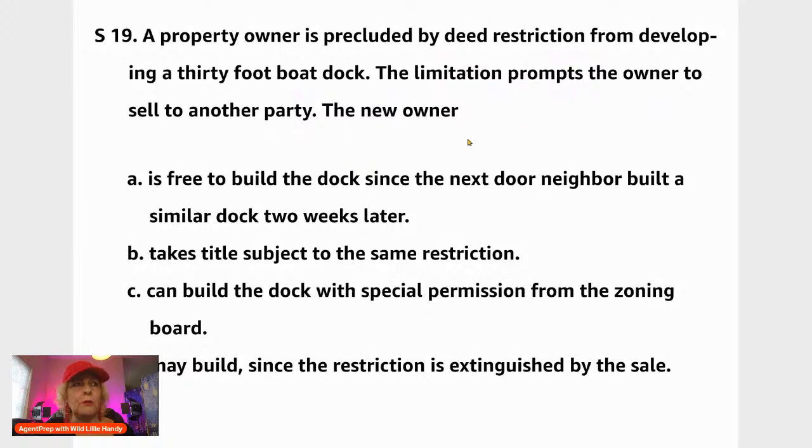The new owner does what? A, is free to build the dock since the next door neighbor built a similar dock 2 weeks later. B, takes title subject to the same restriction. C, can build the dock with special permission from the zoning board. Or D, may build since the restriction is extinguished by the sale.